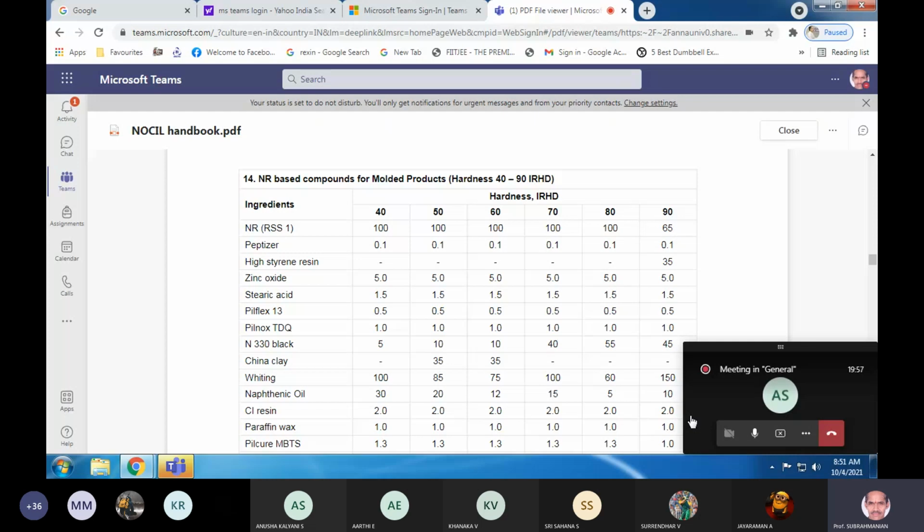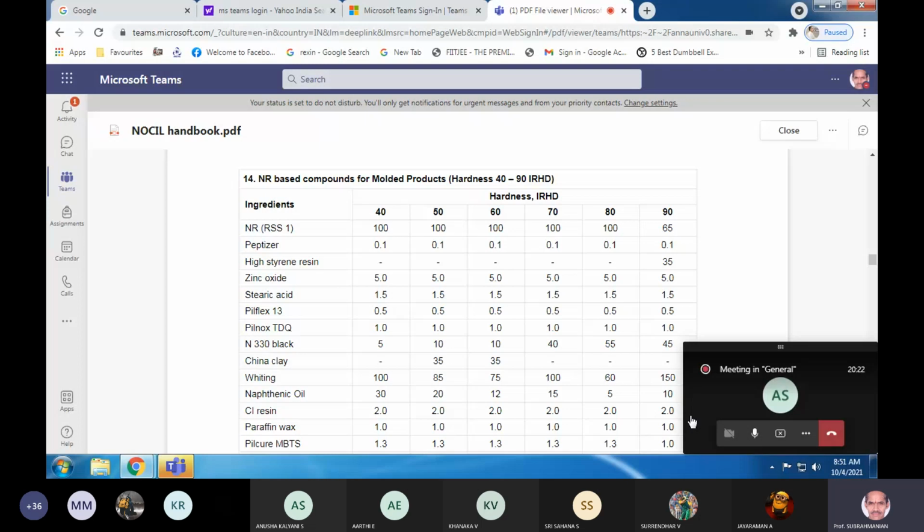Fortunately, NR is known for its strain-induced crystallization, SIC. Therefore, even if we dilute or add any additive that weakens the network, it is not going to impair the durability of the rubber product.